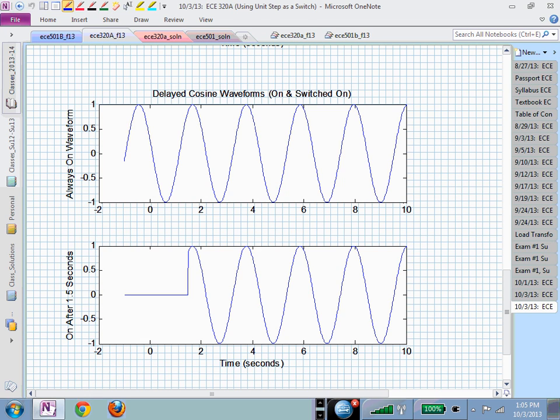That looks very familiar, doesn't it? Looks like a conventional cosine waveform. So we know the main piece of the Laplace transform for that waveform just by knowing that it's a cosine and not worrying so much about its delay.